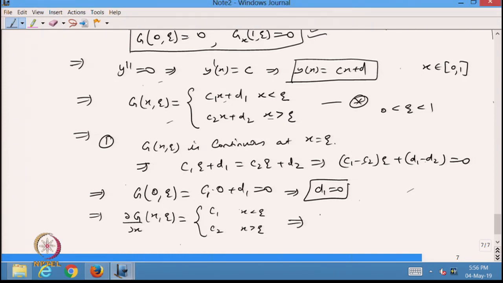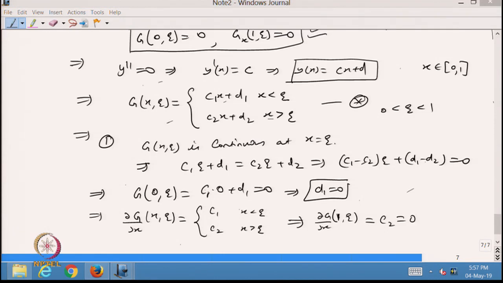So, from here I can put del g by del x at 1, xi. It means I am putting x equal to 1 here, taking the condition that x is greater than xi. In this case I can say that my C2 is given to me and this value is equal to 0.